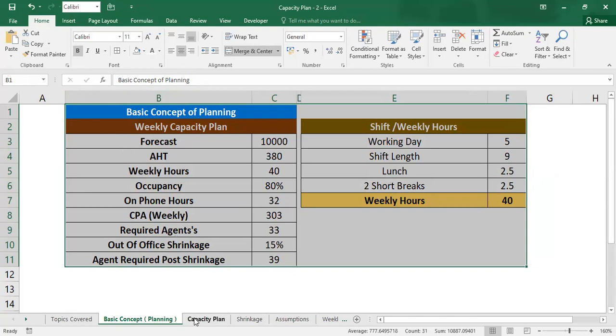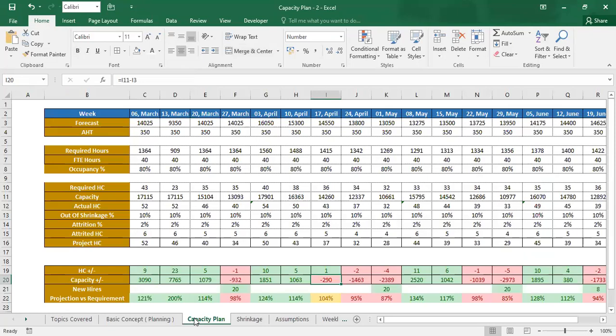So now moving to the capacity plan sheet. Here you can see that I have taken the random forecast. Then I have taken the flat AHT, that is 350 seconds. And here I have calculated the required hours.